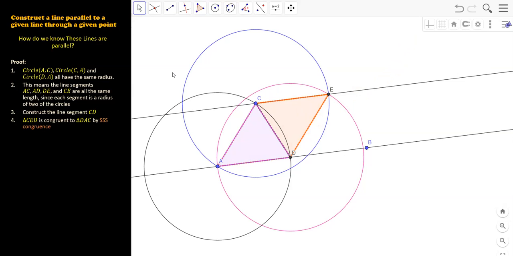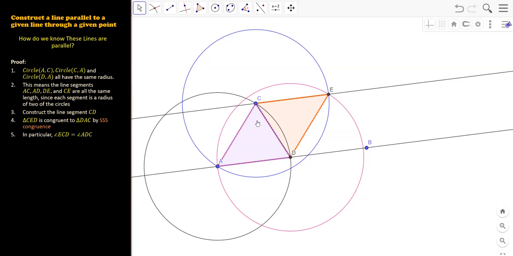Why is that? Well, CE is the same length as DA, right? So that's the first two letters. ED is the same length as AC, so that's the second two letters. And then CD is the same thing as DC. So three sides are the same, and the corresponding angles should be the same.